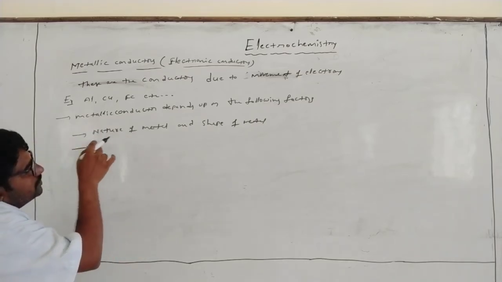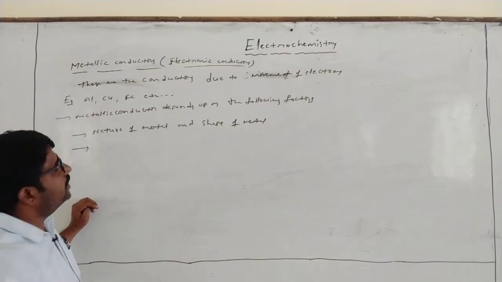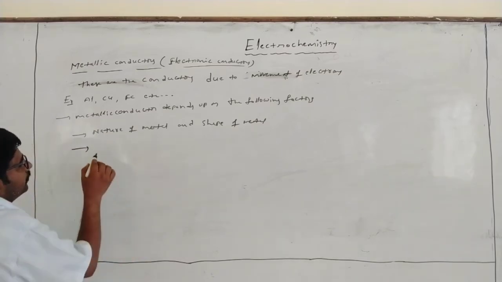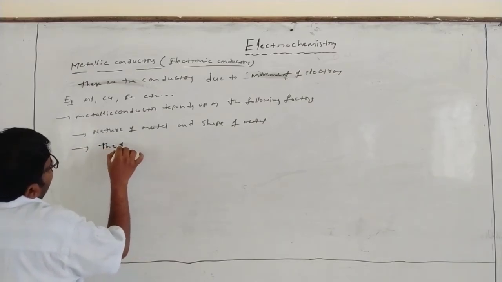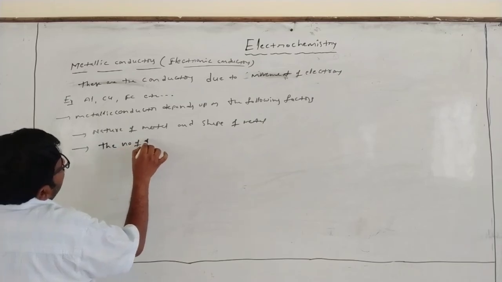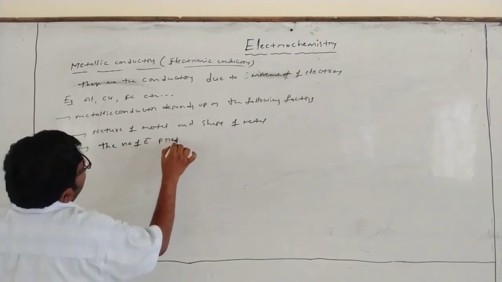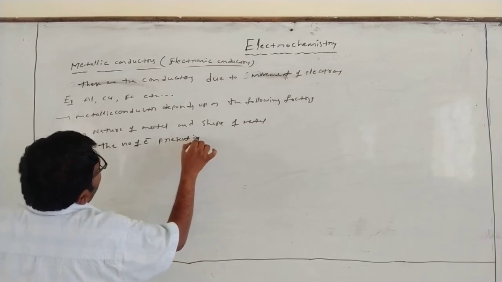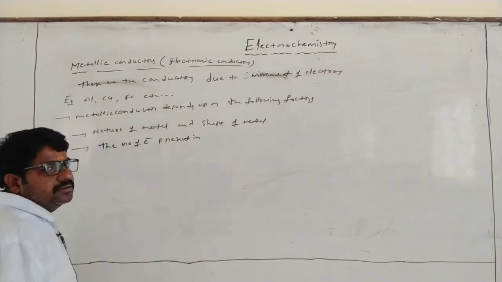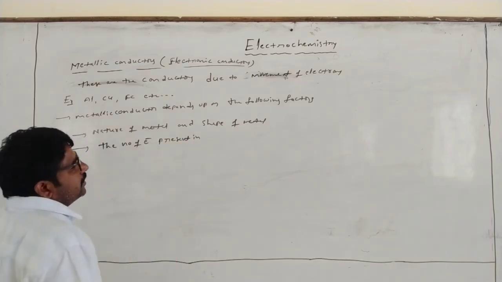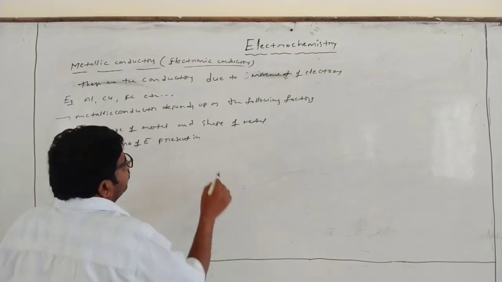So metallic conductivity depends upon the nature of the metal and the number of electrons present in the valence shell per atom.